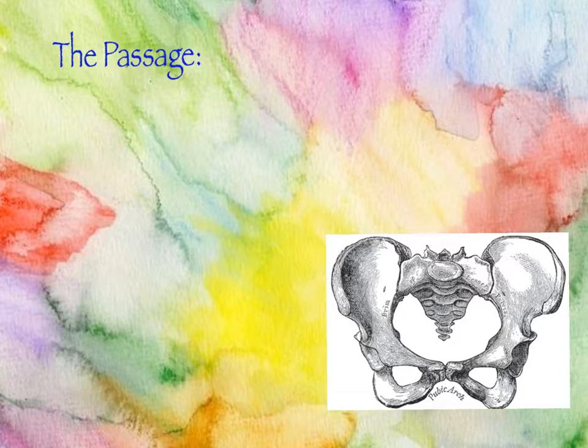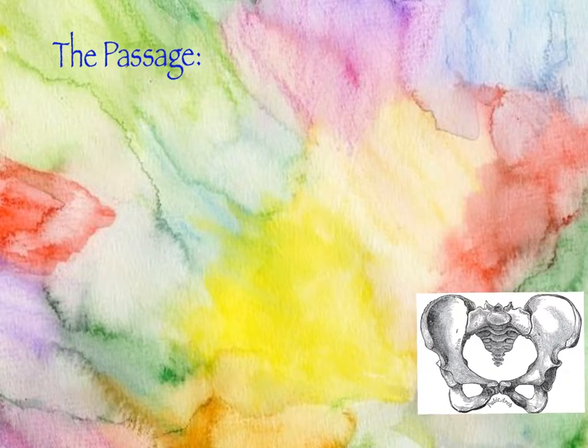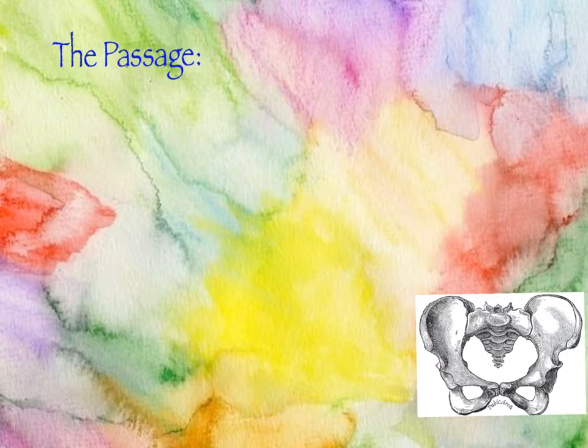But if you feel a really tight arch, and if your diagonal conjugate is less than 12.5, it's a pretty good indication that there may be a little bit of disproportion if your baby is a normal or larger size.